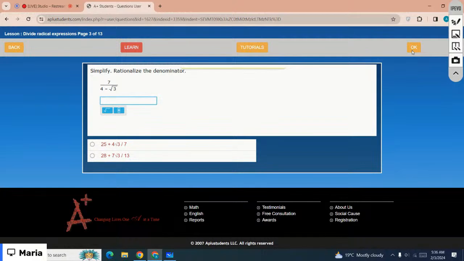The correct option is the second one, 28 plus 7 square root 3 divided by 13.